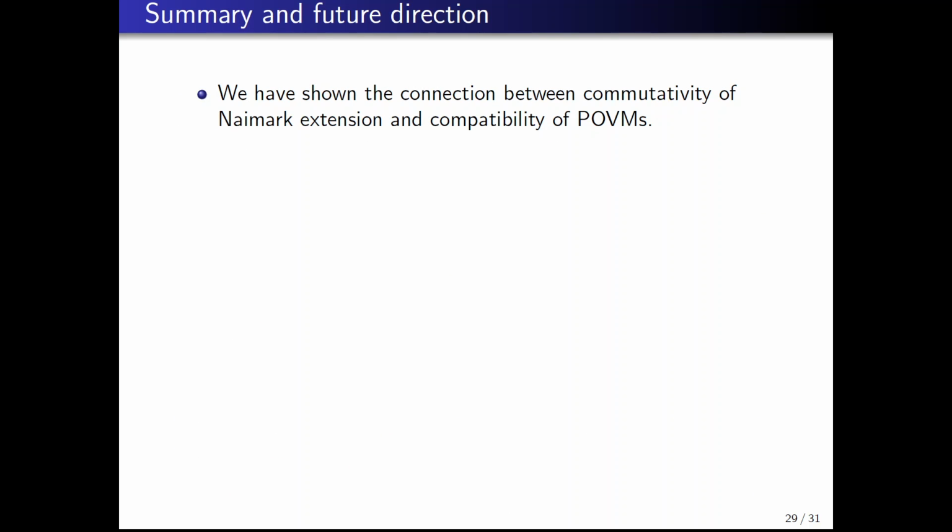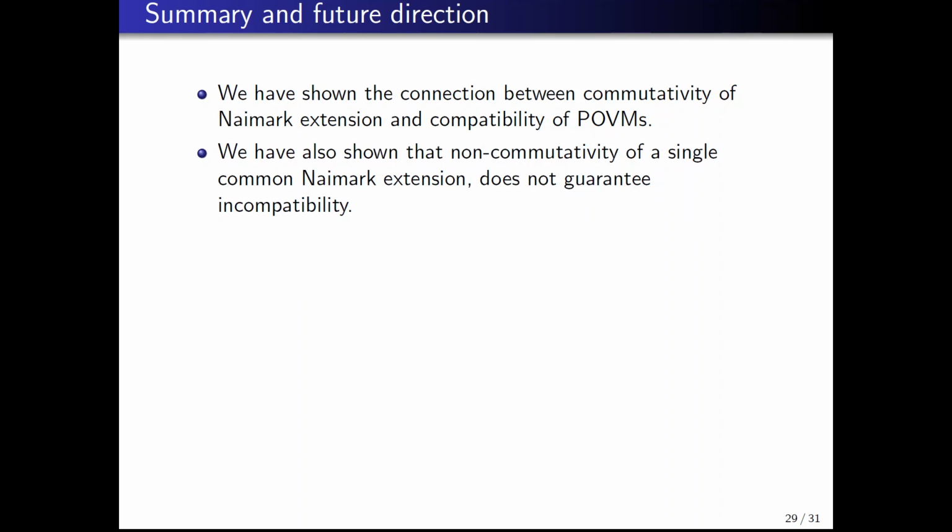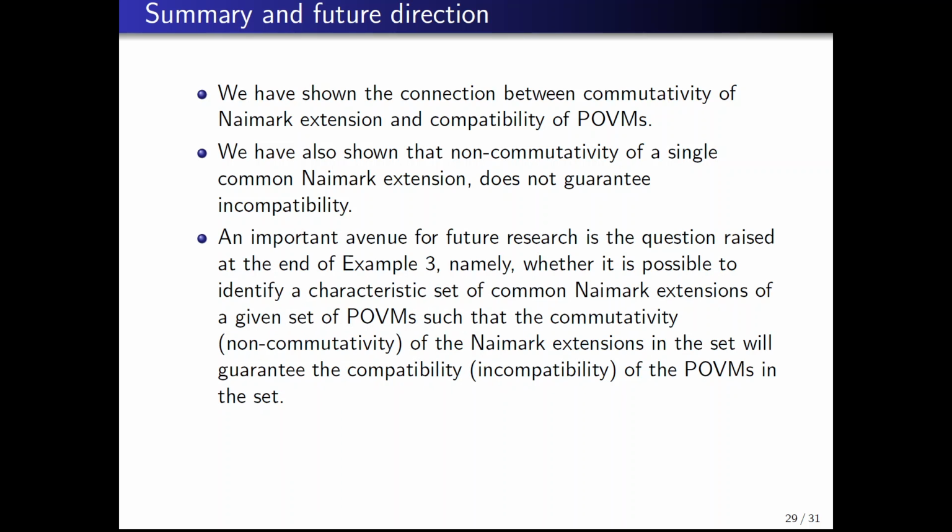So now we will summarize our results. We have shown the connection between commutativity of Naimark extensions and compatibility of POVMs. We also showed that non-commutativity of a single common Naimark extension does not guarantee incompatibility.